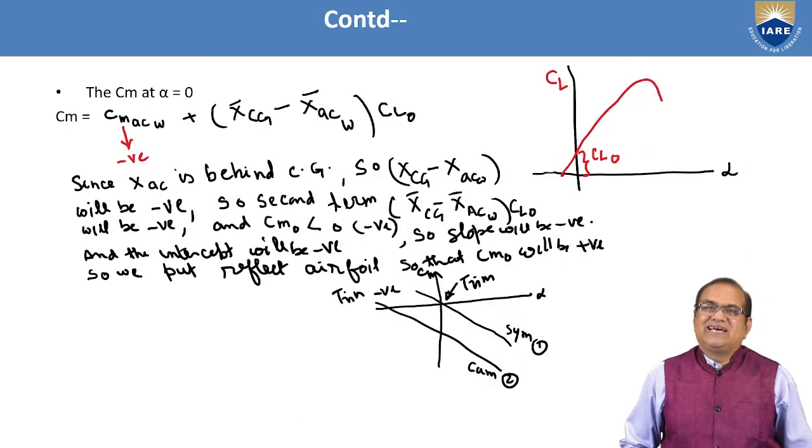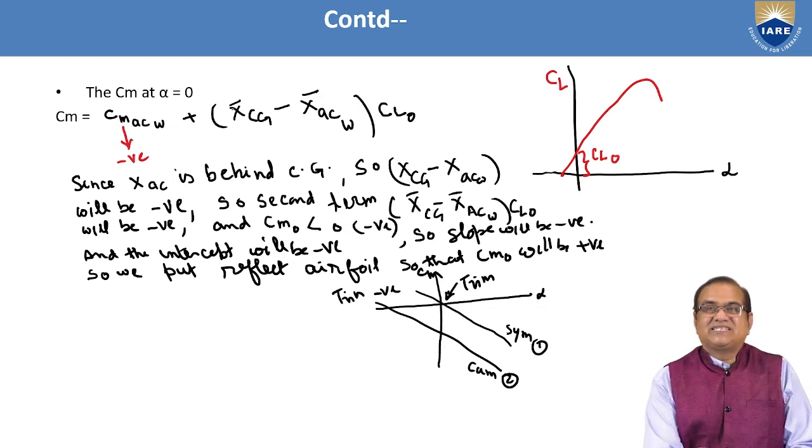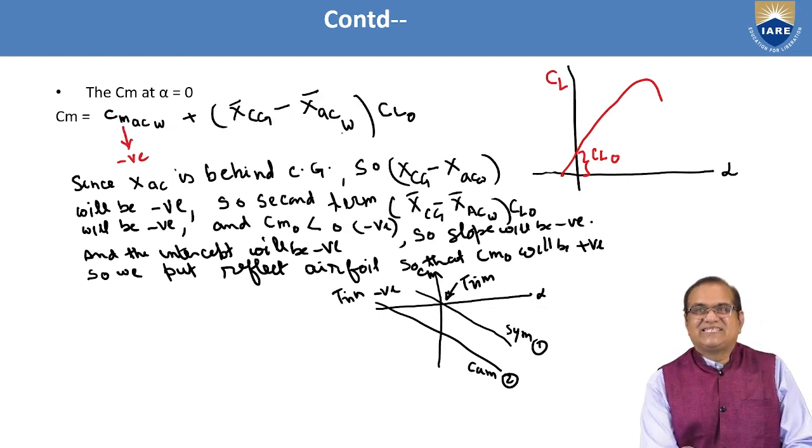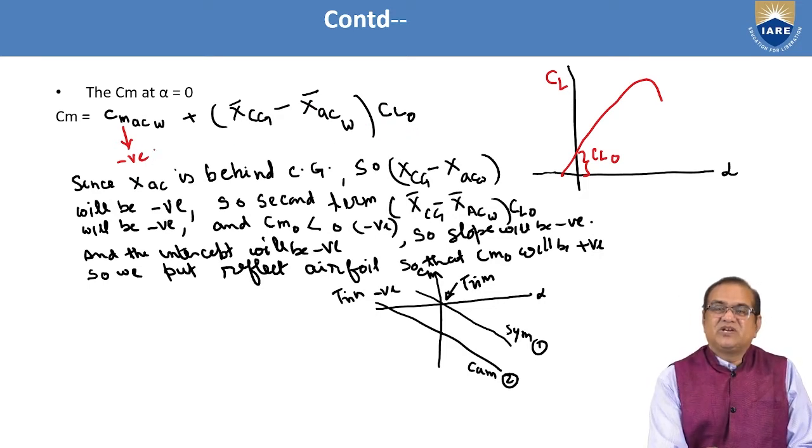Now, the Cm at alpha is equal to 0. So this Cm is equal to CMACW plus X bar CG minus XACW into CL naught. Here the CMAC is negative.